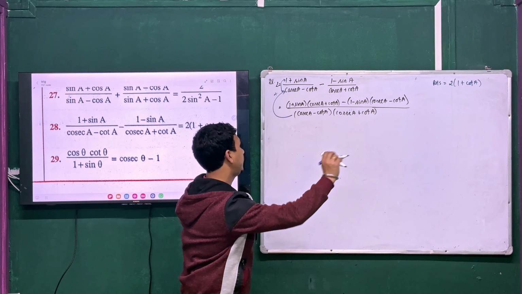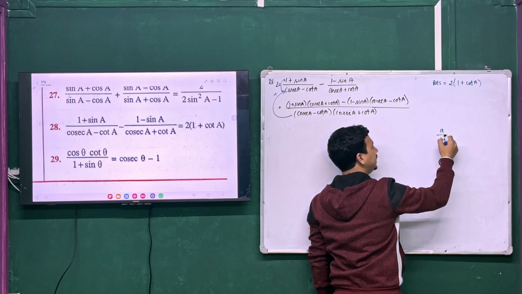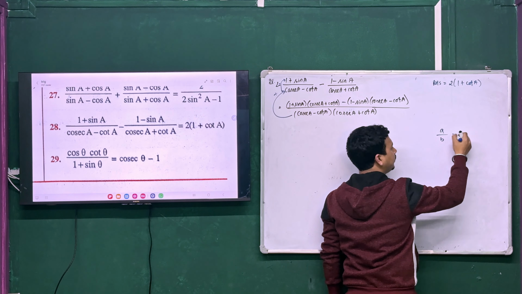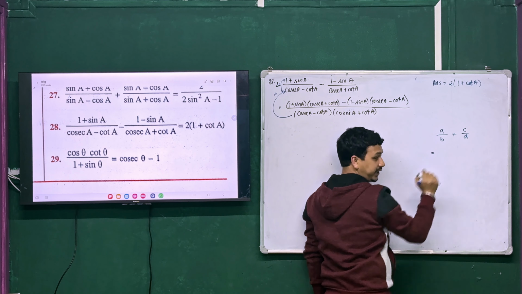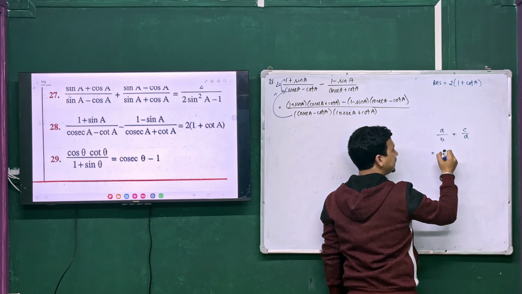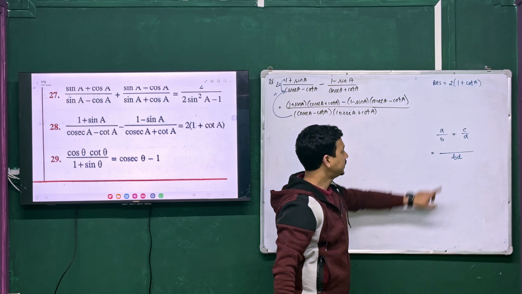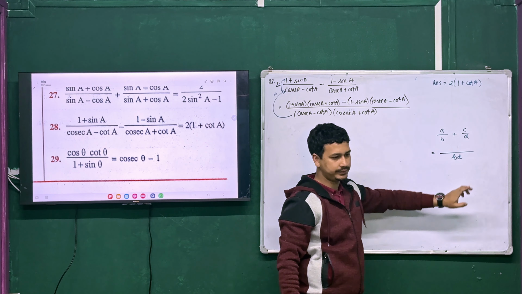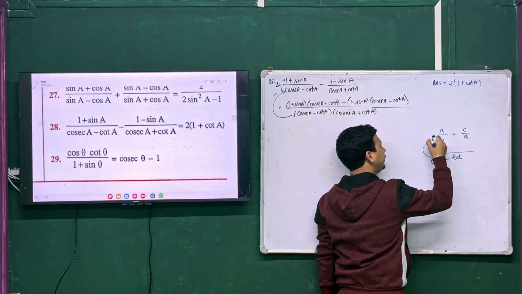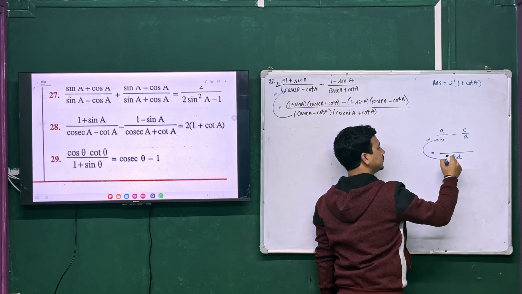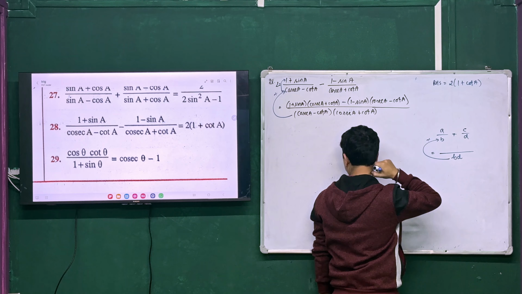Okay, see again basics of your LCM, right? If you have A divided by B plus or minus C divided by D. So these are variables. For the variables, the LCM will be the product of the two. So it will be B into D. Now, B into D divided by B will be how much?